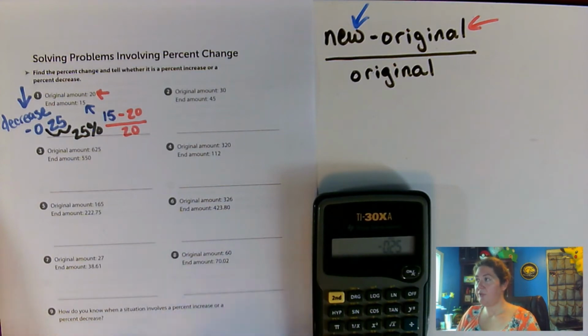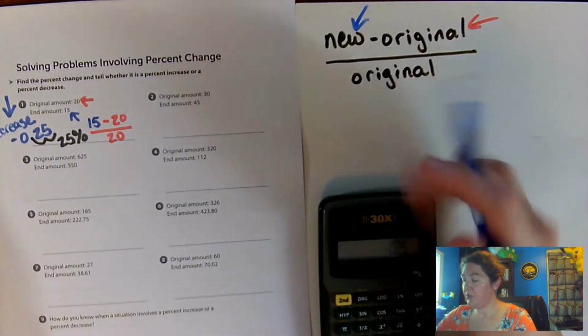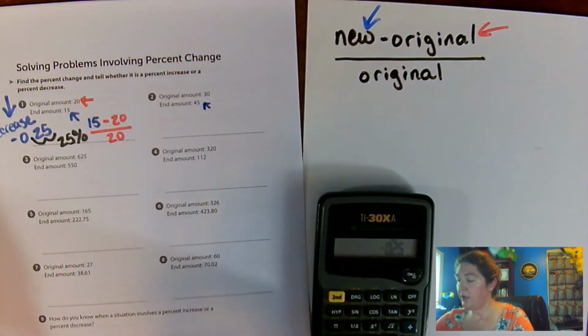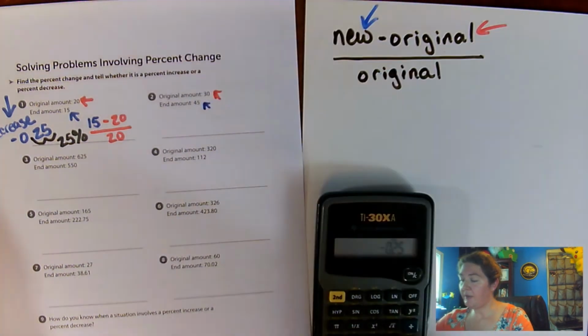I'm going to use my new number, which is this one, minus my original divided by my original.